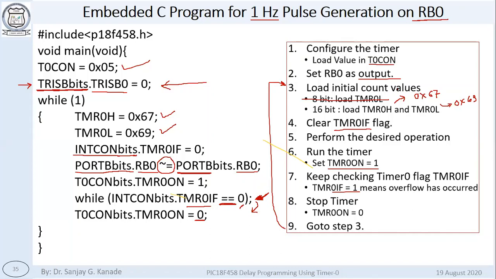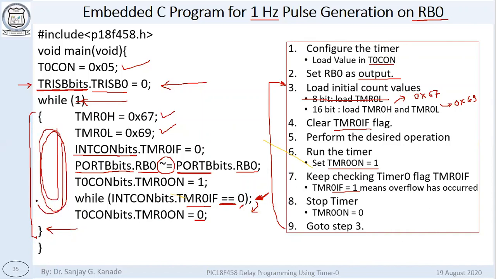You can see here, when we put the closing curly brace, it means this is now the block of statements under this while loop. And since the condition here is 1, while(1) means this block will keep on executing continuously, infinitely.